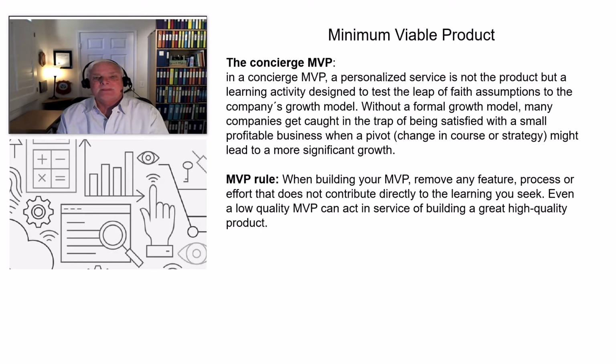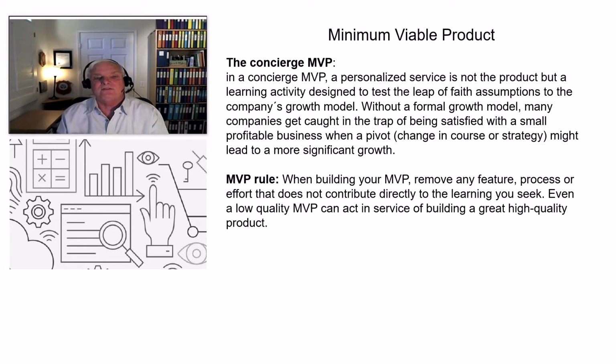Okay? Now, also within the minimal viable product, we've got two other things. We've got the concierge MVP, and that's a personalized service that is not a product but a learning activity designed to test the leap of faith assumptions of the company growth model. This could be a test scenario. This is where we run it through to see, have we captured all of the requirements?